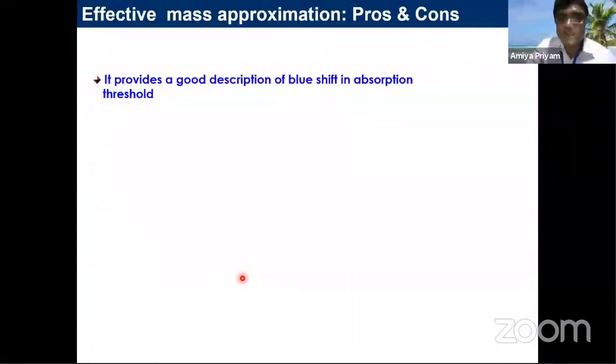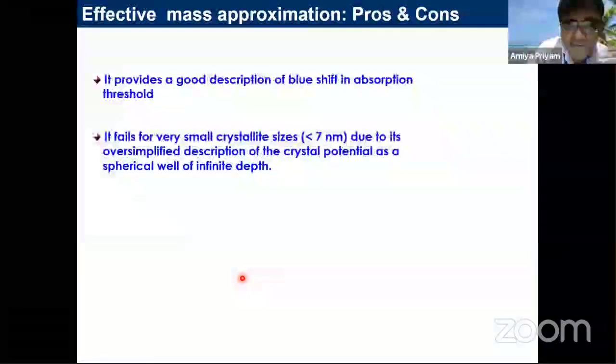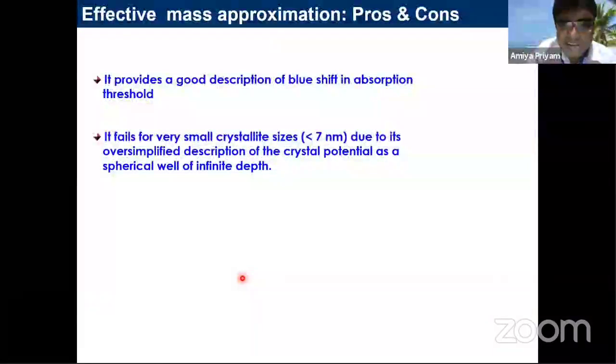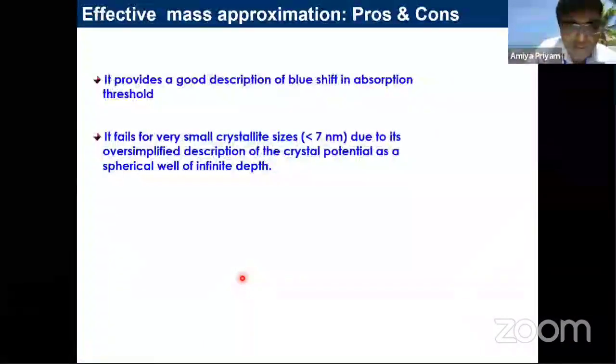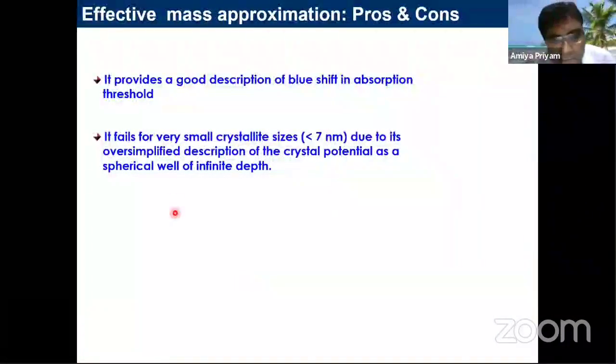But there were some problems with this. When you go to very small sizes, although it provided a good description of the blue shift, and that when a threshold value of size is reached the shift happens, it was not exactly matching the experimental result. Particularly, the numerical values determined for the band gaps and sizes were not matching the experimentally determined values.